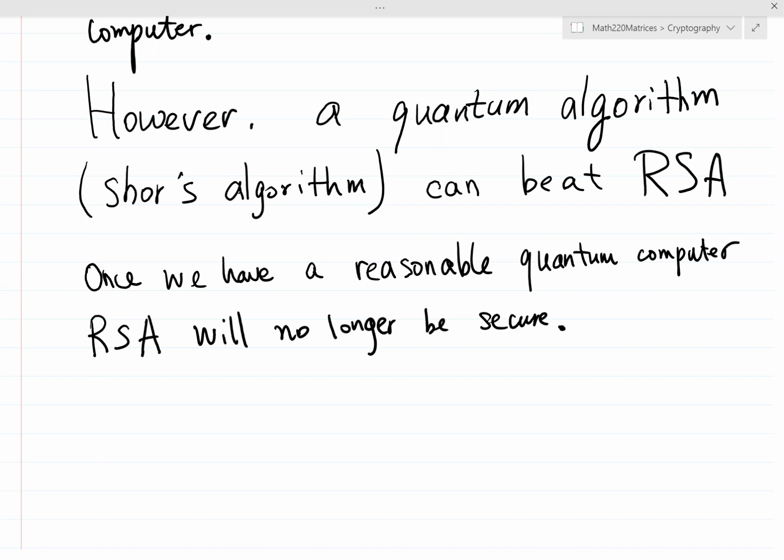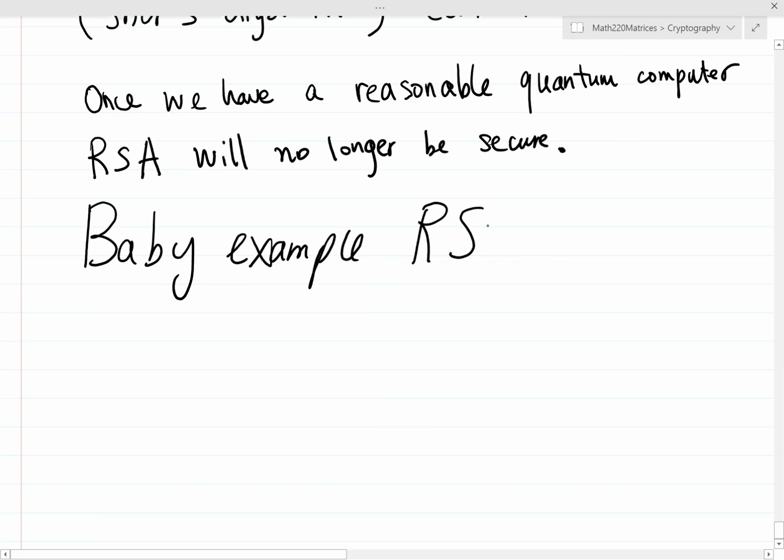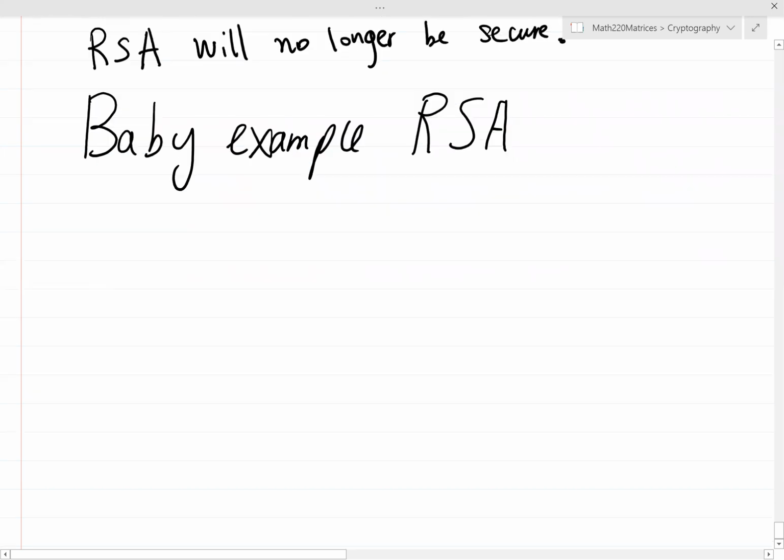Let's do one baby example of RSA. Of course, we choose not too large numbers because we don't want it to be too complicated.